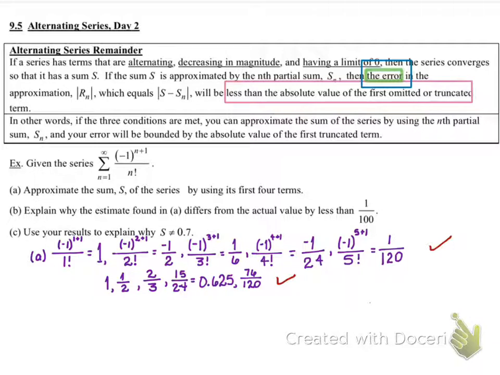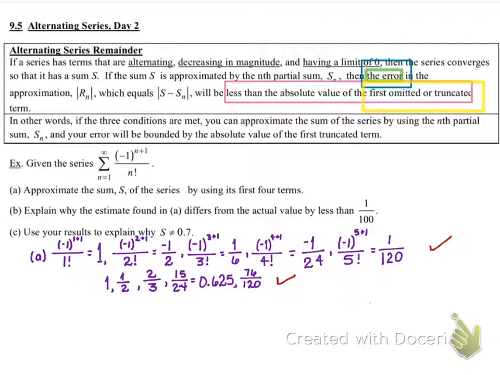If you really read the definition well, which most of you did not, because we aren't used to reading math, you would have noticed the absolute value of the first omitted or truncated term. Let me read the whole thing again.